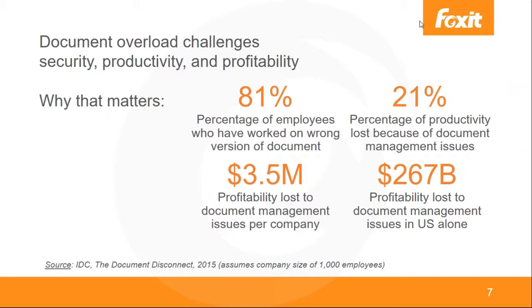That alone is a large number. But we've tried to extrapolate from that number to scale that to the entire U.S. economy. If we look at the number of companies that have 1,000 employees or more, and do a quick back-of-the-envelope calculation, we get a number in the hundreds of billions of dollars. So this problem that we're trying to solve with ConnectedPDF is a significant one.